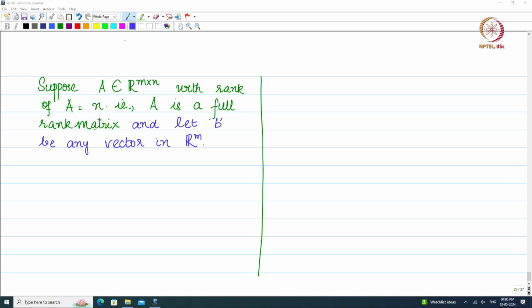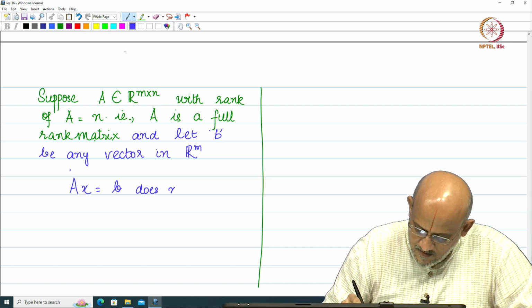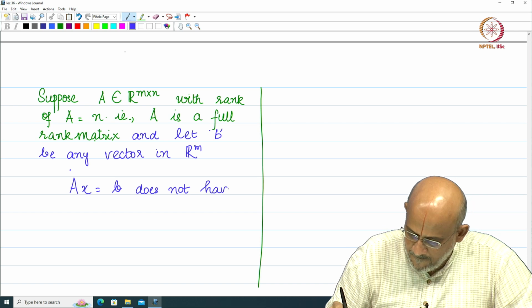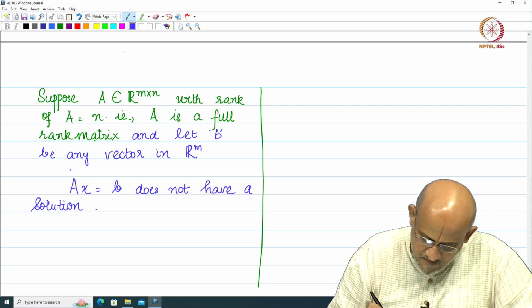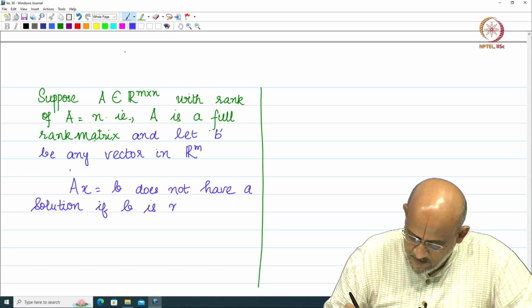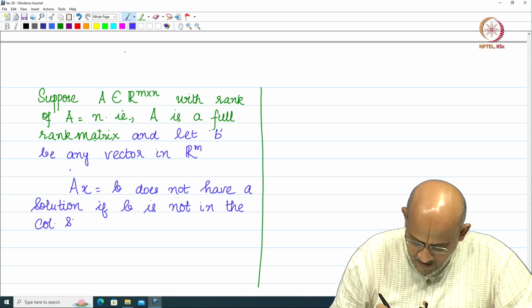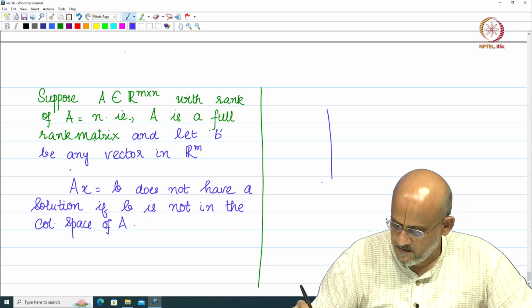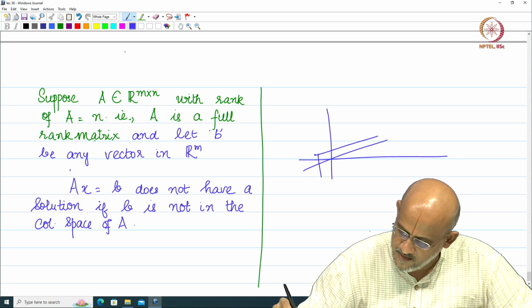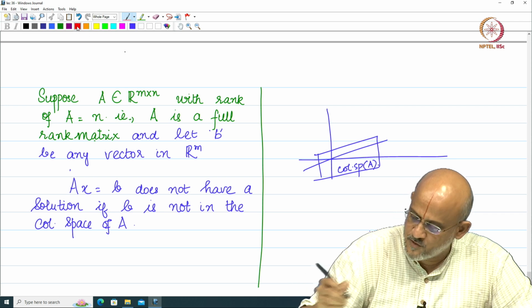Now, Ax equal to B does not have a solution if B is not in the column space of A. Assume that this is the column space of A and the B vector is away from here.